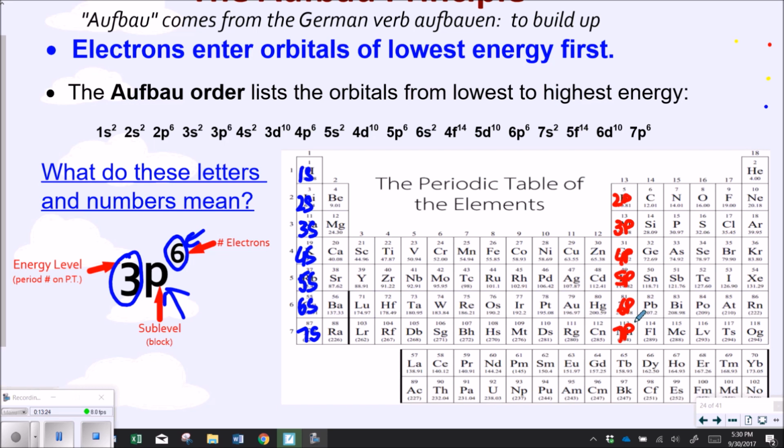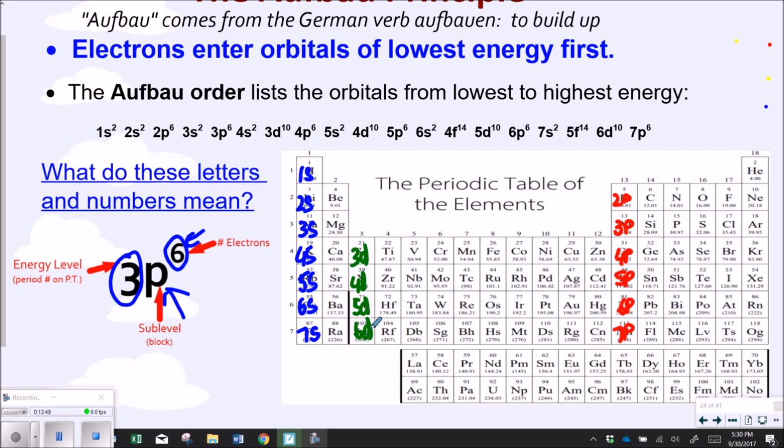Notice that the energy level and the period number correspond for the p and the s blocks. For the d block, we have 3d, 4d, 5d, and 6d.